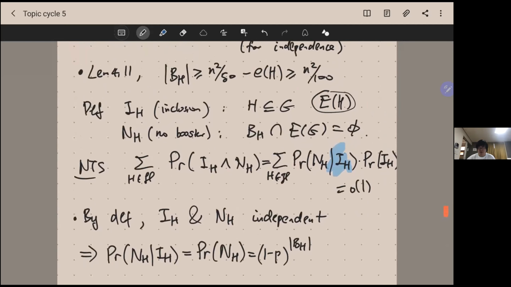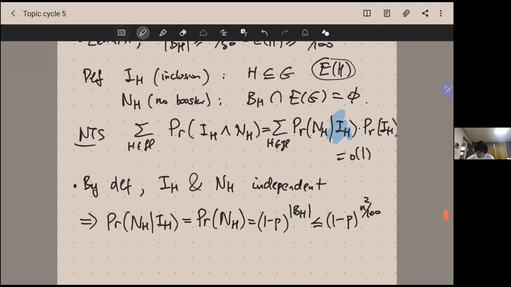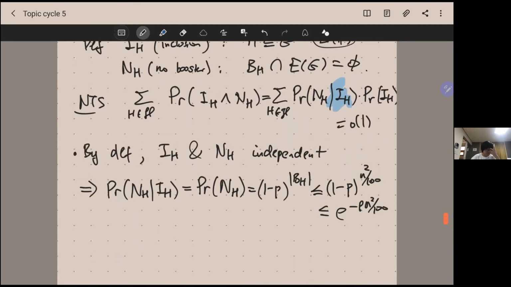And we also know that b of h, there are lots of them, n squared over 100. So it's at most (1 minus p) to the n squared over 100, which let me just write as e to the negative p n squared over 100. Okay.